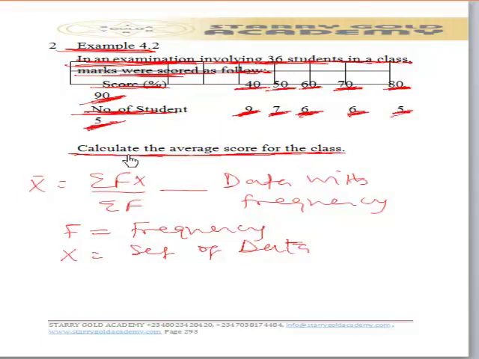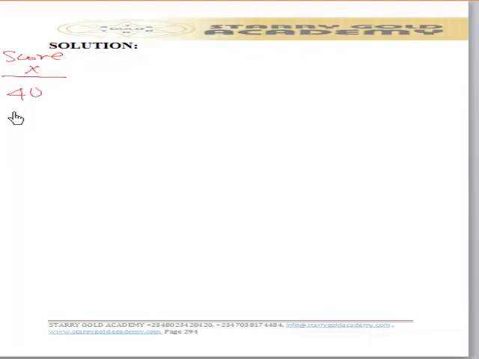To do this, it is always convenient to present our solution of this type in a tabular form so as to achieve clarity and accuracy. The score can represent our x, and based on what is given to us, we have 40, 50, 60, 70, 80, 90.